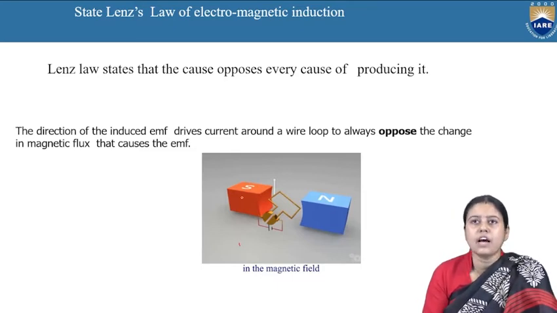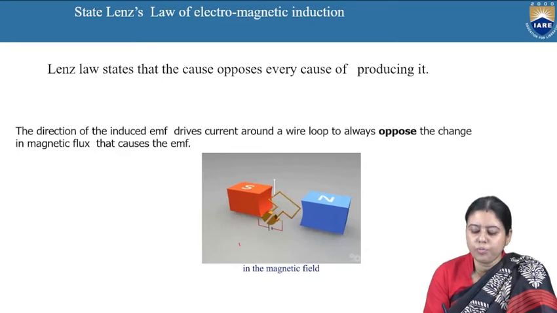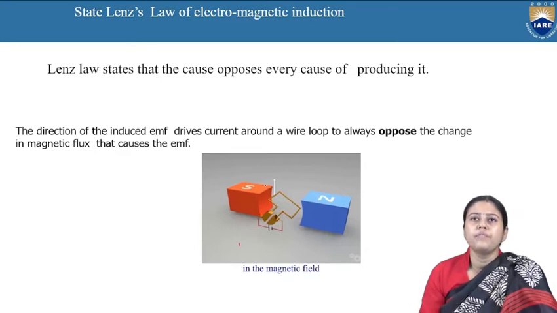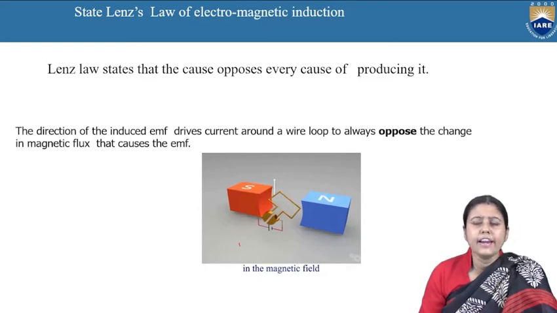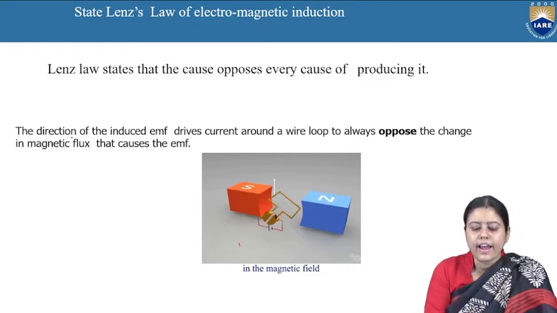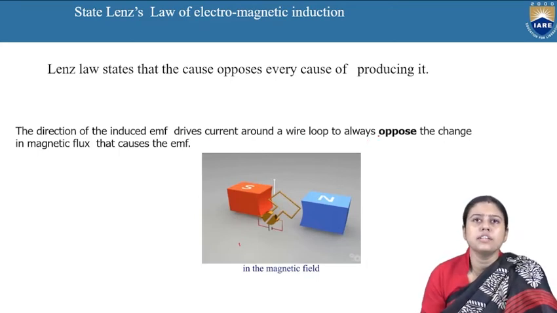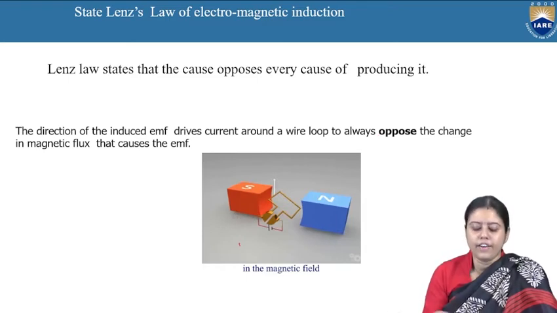If this is the south pole and if this is the north pole and the current is flowing from north pole to south pole, it will induce some EMF, and the direction of EMF is always opposite to the direction of the current. The direction of induced EMF drives the current around the loop, which is always in the opposite direction of the magnetic flux.